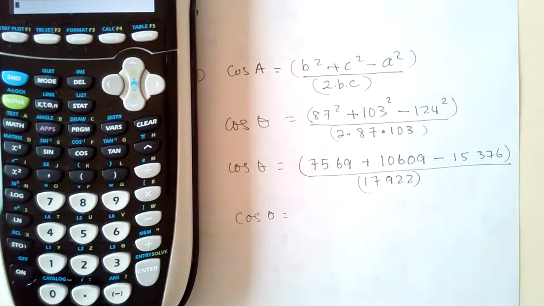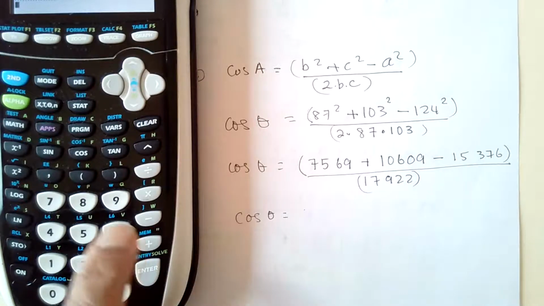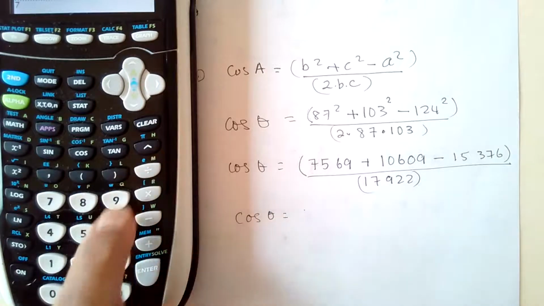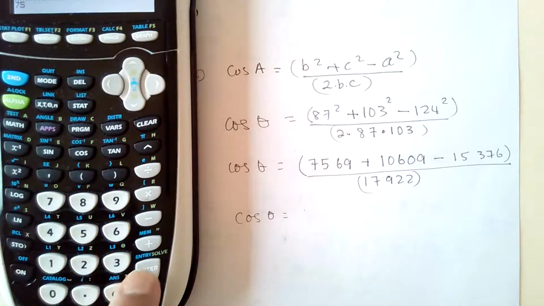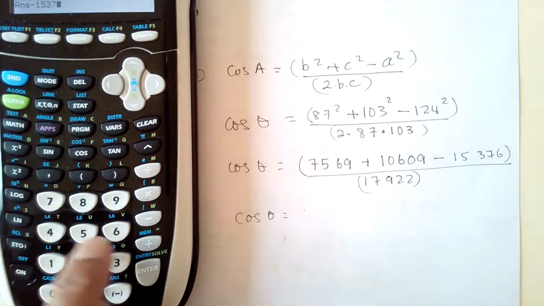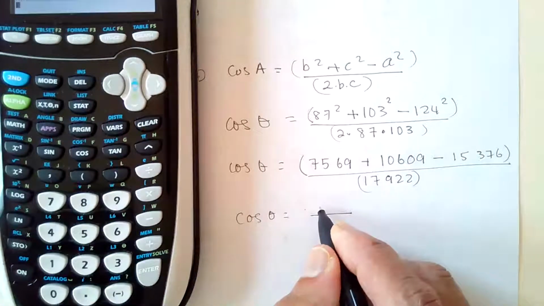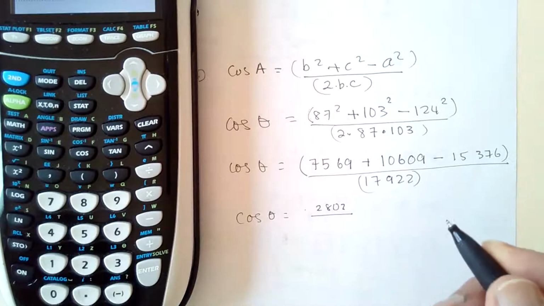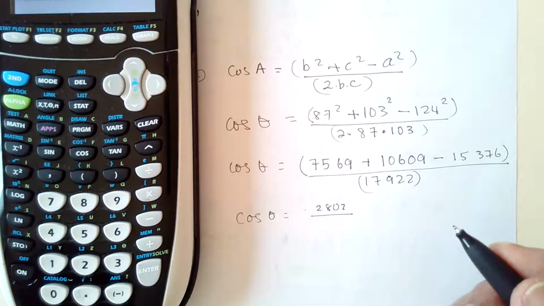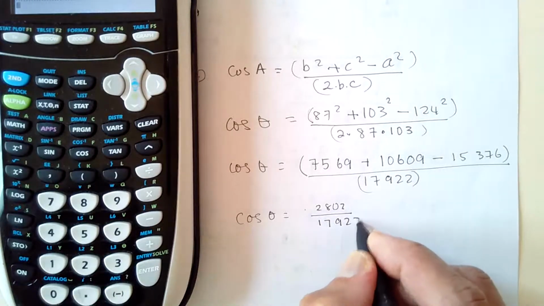Simplify the numerator. We have 7569 plus 10,609 minus 15,376. We're left with the numerator as 2802, and our denominator is 17,922.